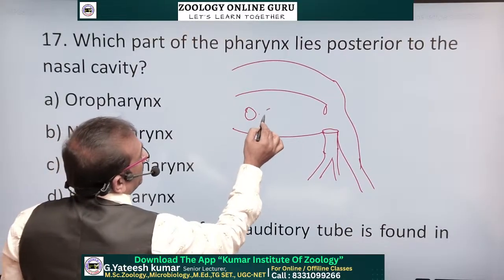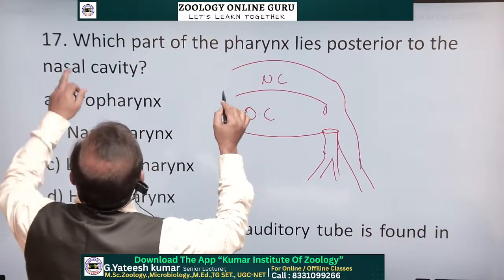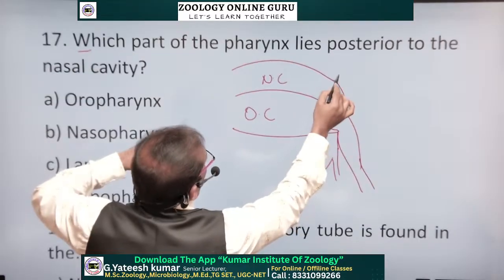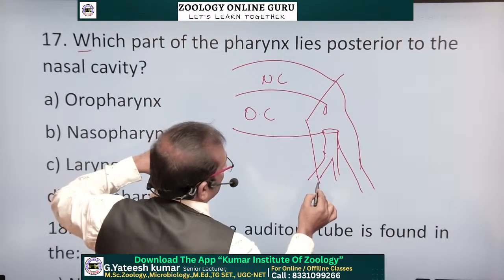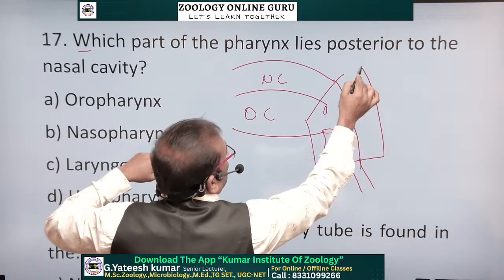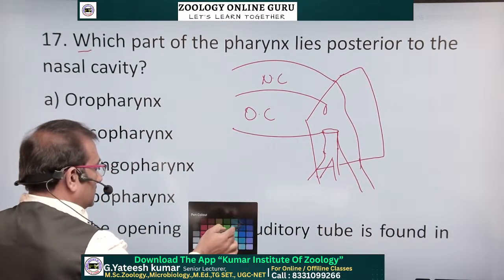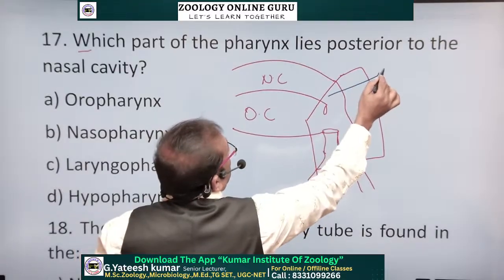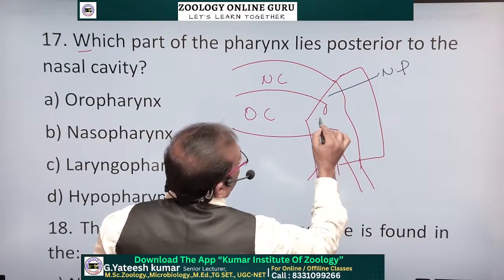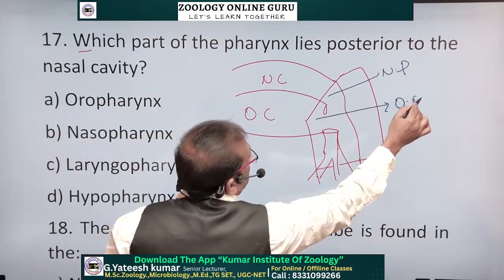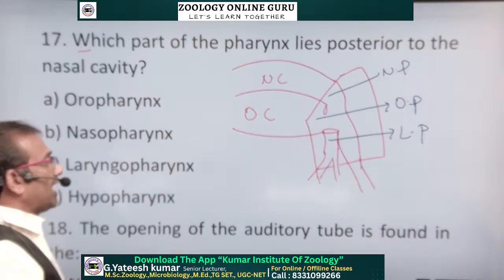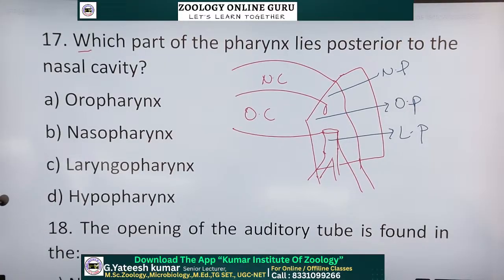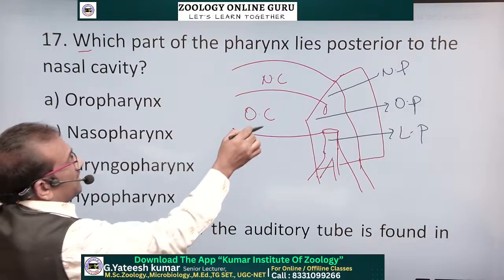This is the pharynx area. The pharynx is divided into three parts: nasopharynx, oropharynx, and laryngopharynx, where the larynx is. The question is which part lies posterior to the nasal cavity.